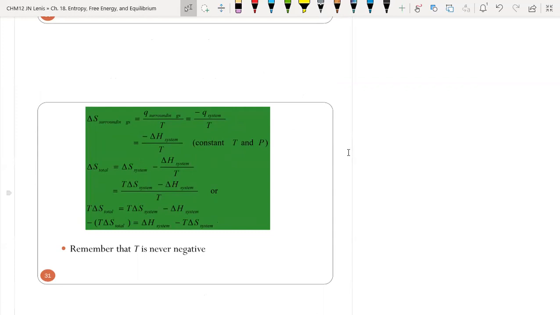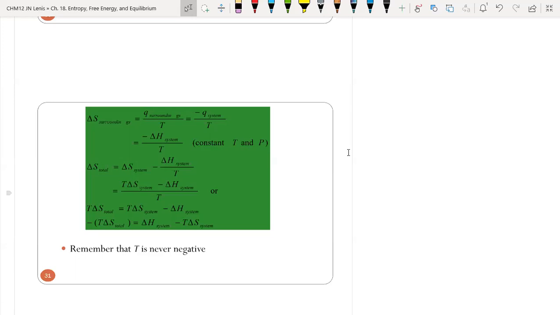So you know the delta H of the system, negative for exothermic processes, divided by temperature will give you the delta S of surroundings. So the total entropy equals the change of entropy of the system minus delta H of the system over temperature.